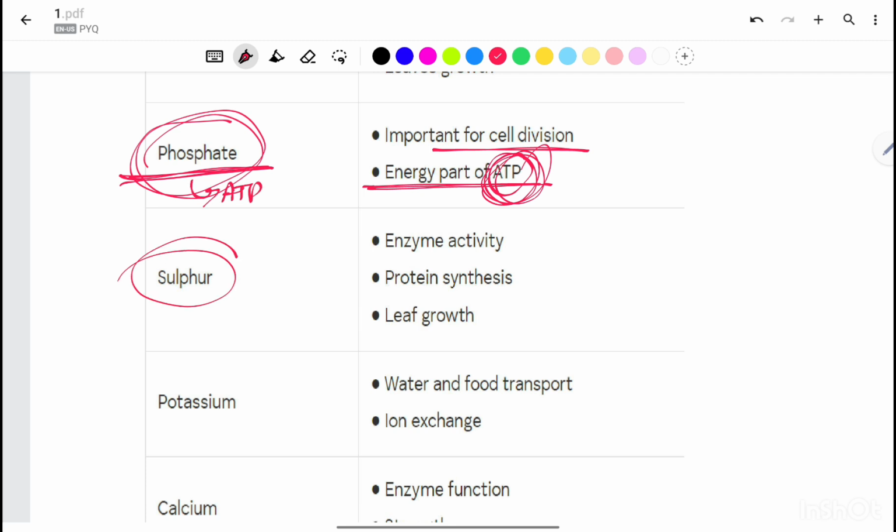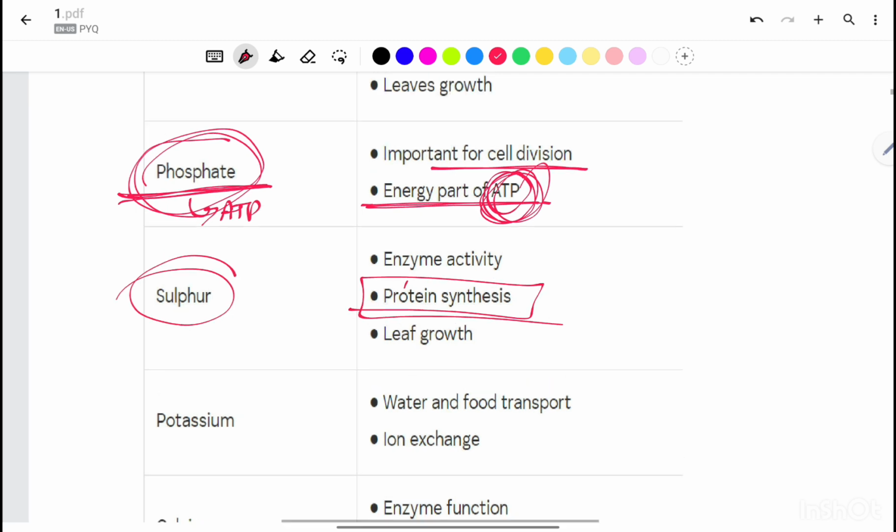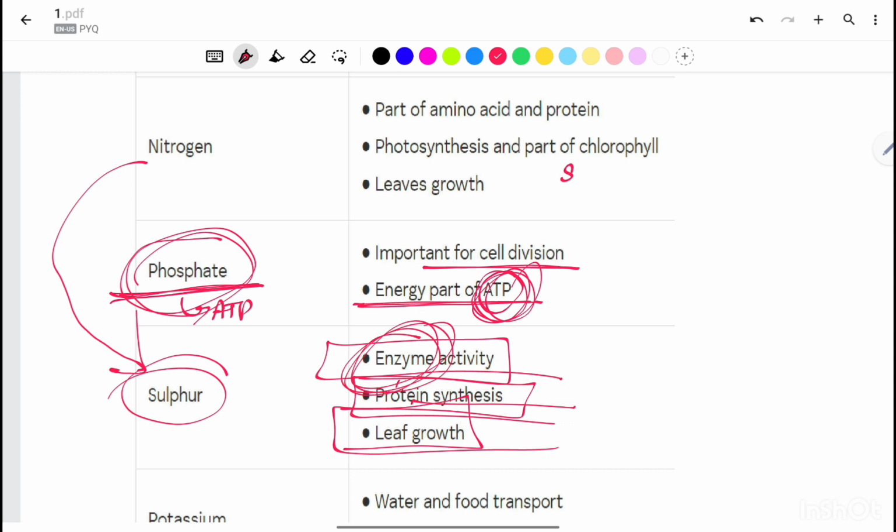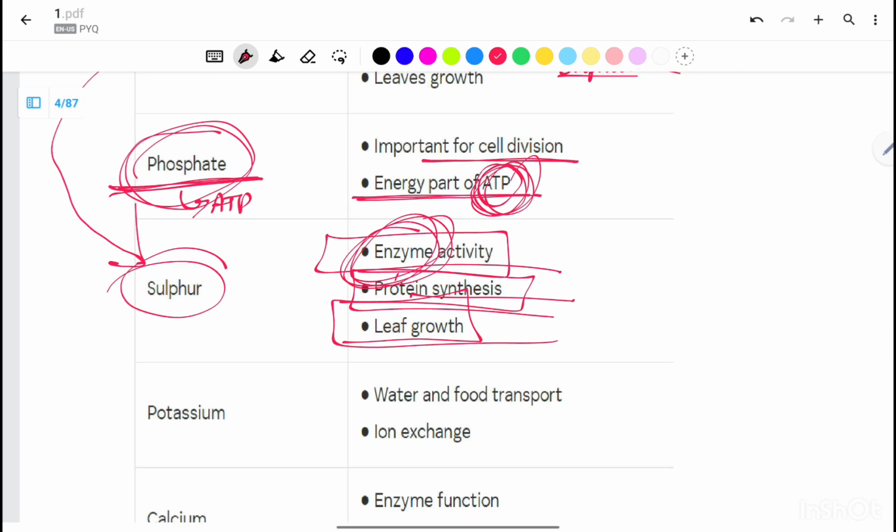For sulfur, we have protein synthesis. For the protein to synthesize, we need sulfur, and also for leaf growth and enzyme activity.